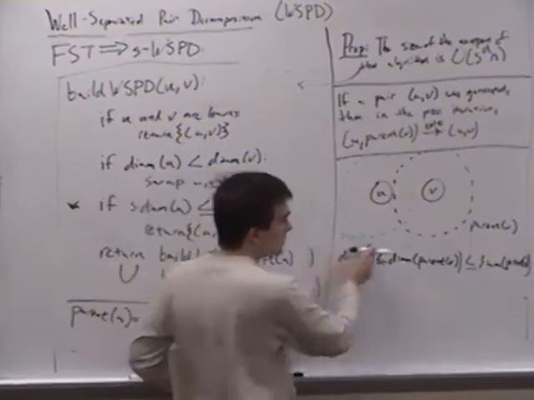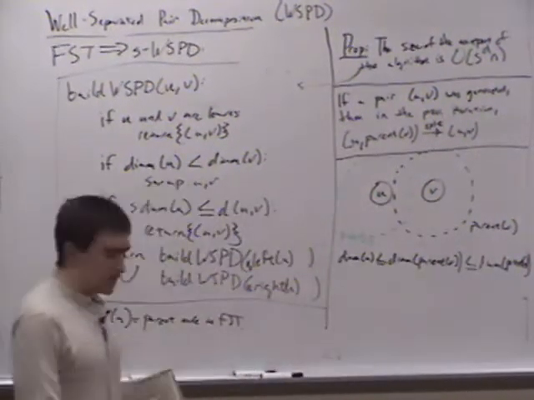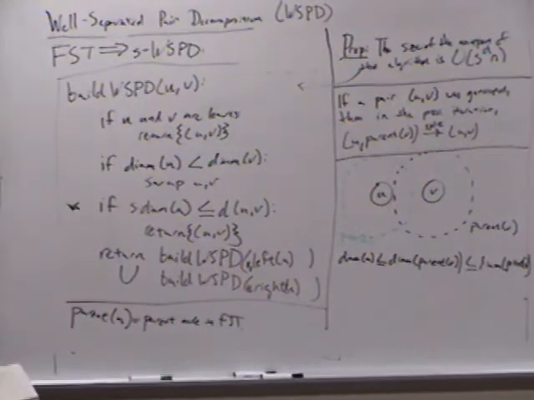So parent of U is larger than parent of V. Parent of V is larger than U. All right, that's the sort of configuration that we have.